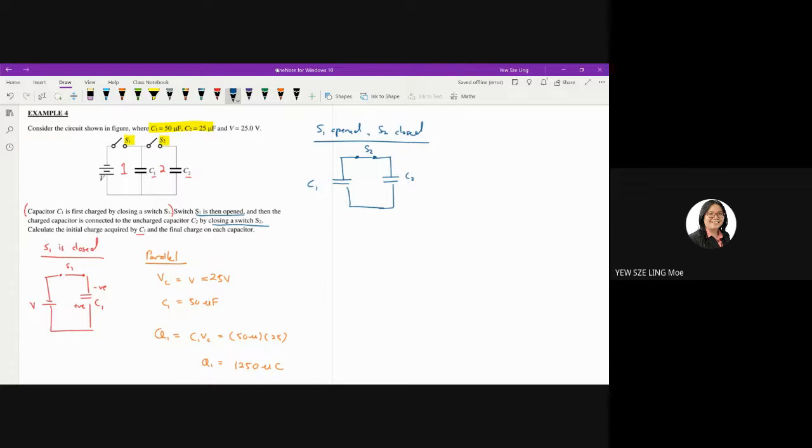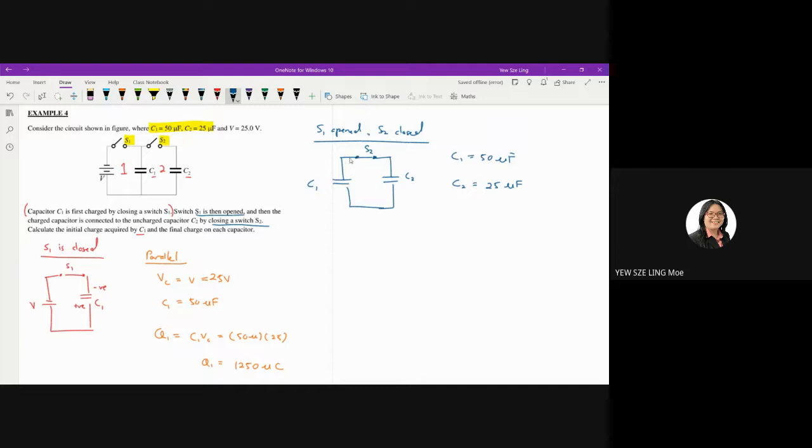You didn't change the physical structure of the capacitor. As long as you're using the same capacitor, the values of C1 and C2 will remain constant unless you modify its physical structure. So you have C1 equals 50 microfarad, C2 equals 25 microfarad. Then how about the charge?